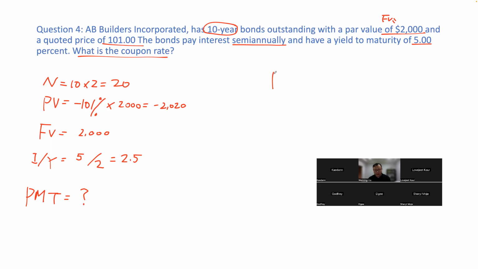So this is what I got. Okay, very good. 51.28, 29, 4, 2, 5, 7. So now the payment equals the coupon rate.